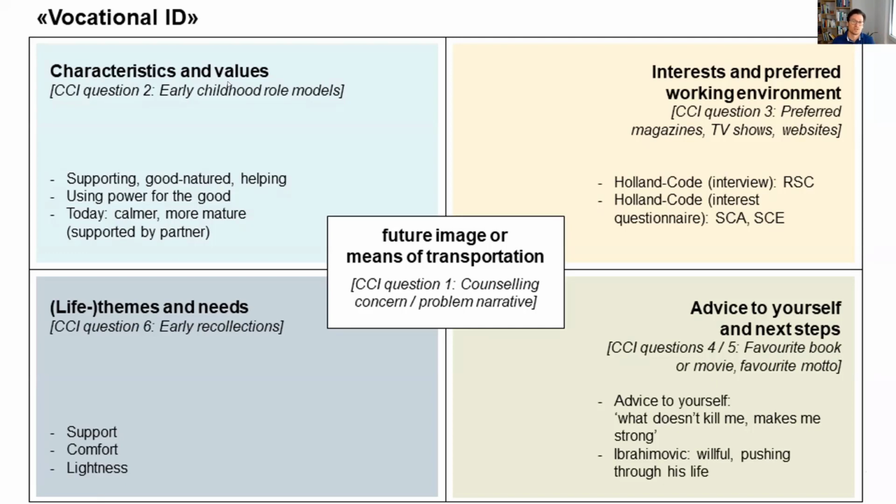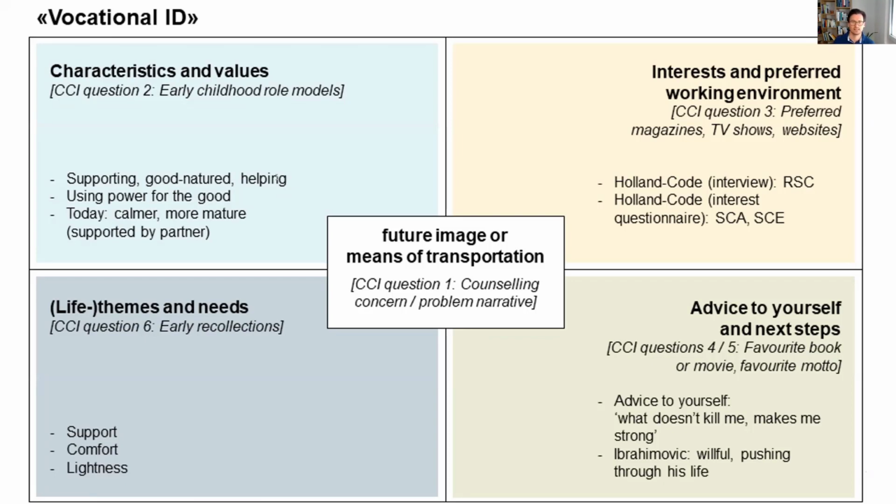And so Chris also wants to help and support, and that's why he deconstructed here supporting, good-natured, and helping as a characteristic of himself. So he was talking about He-Man, but he realized that it is also his personality.